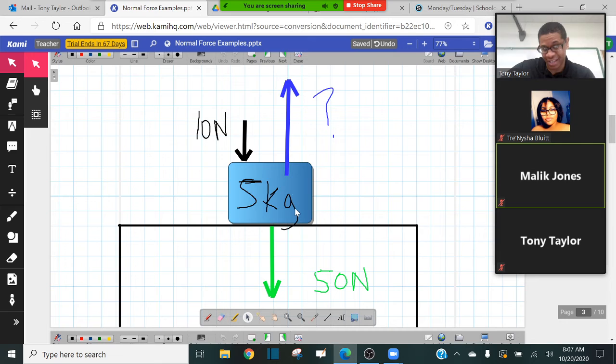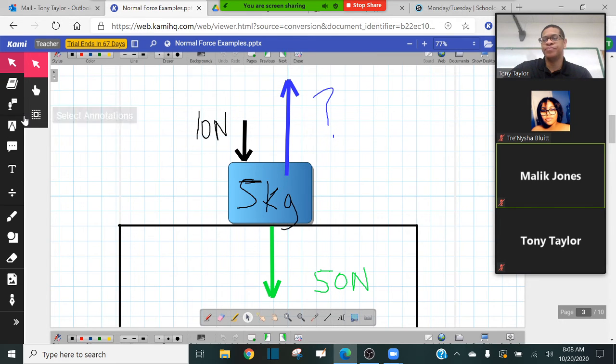Because the object is at rest, our up forces should balance out our down forces. They should be balanced. Notice we have two down forces here and we have one up force. Since we're not moving, these two down forces should balance this up force.